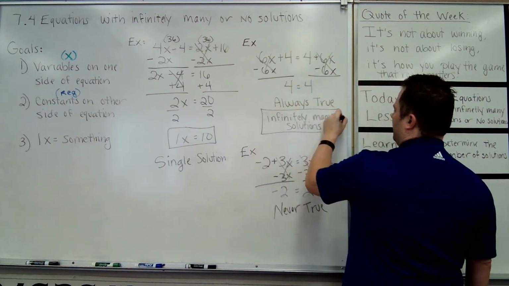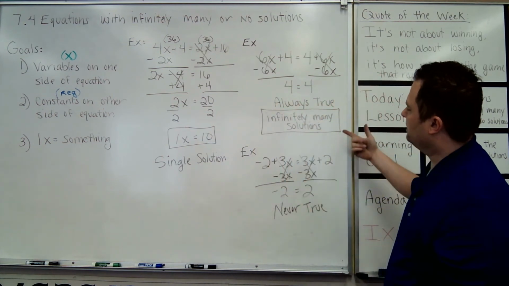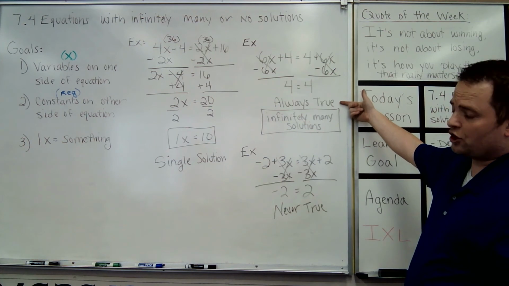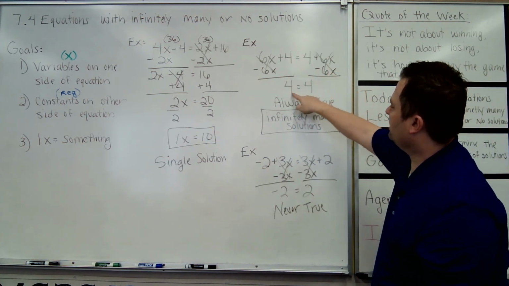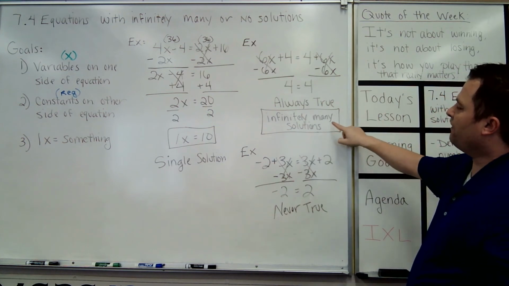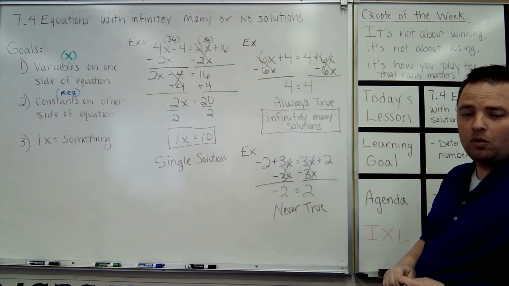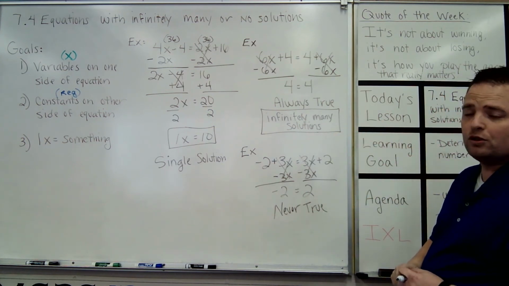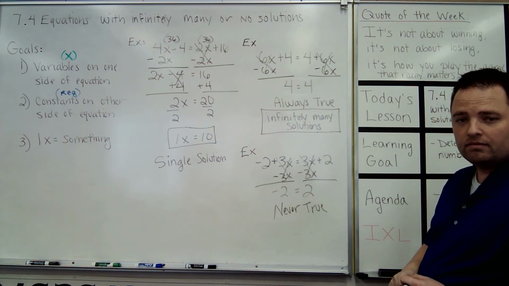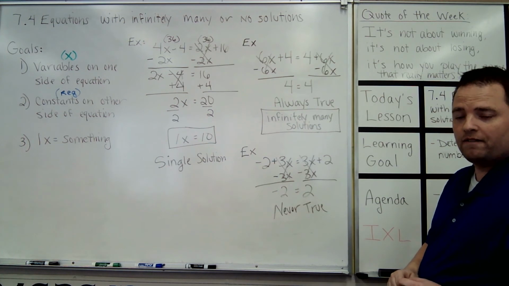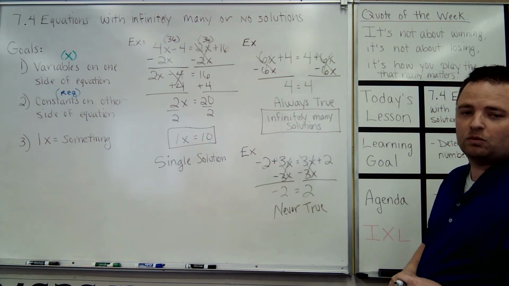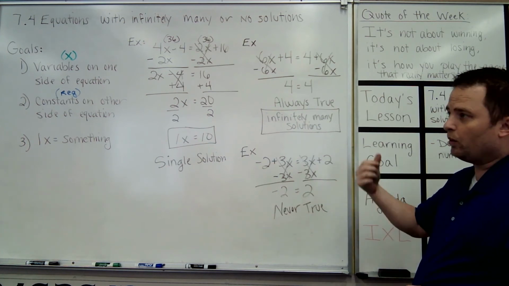Okay? If what's left with the constants is something that is true, if your x's are gone and what's left is a true statement, you have infinitely many solutions. What that means is any value of x will work. 10 will work. 20 will work. 50 will work. Negative 1,000 will work. Every single number you can think of will work.